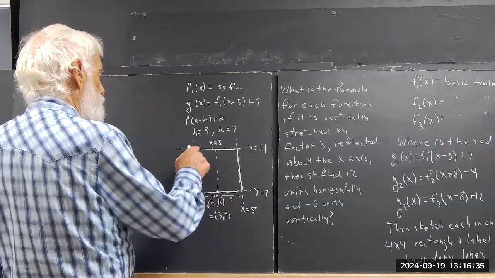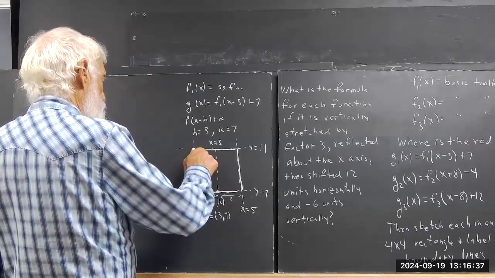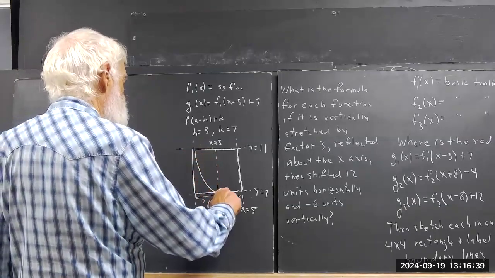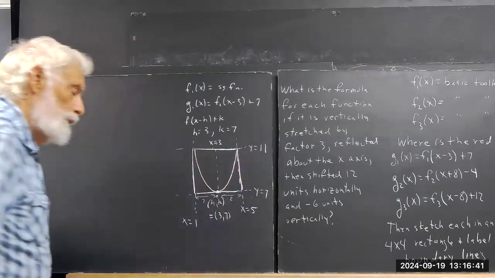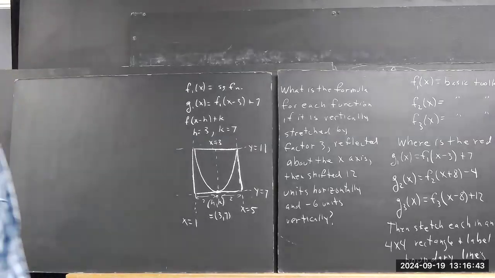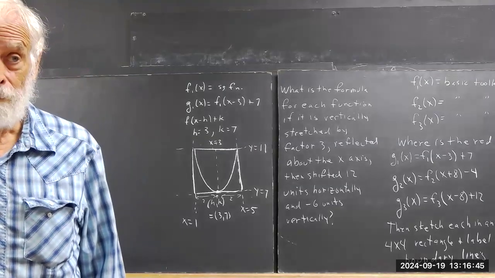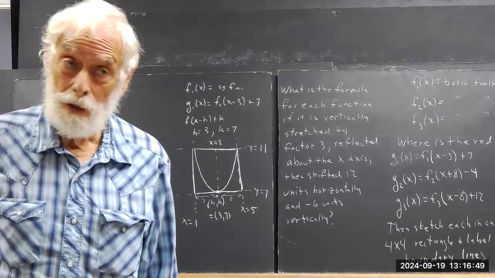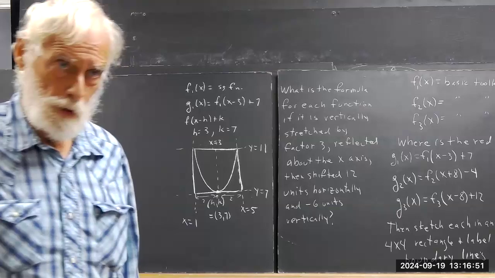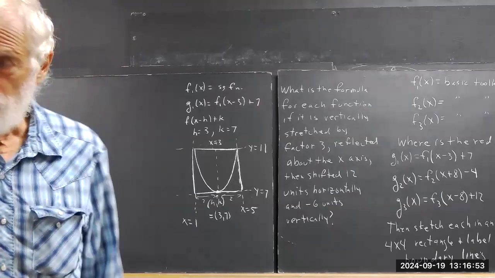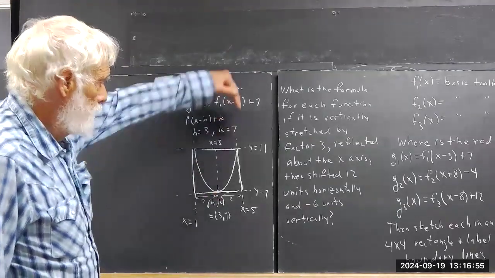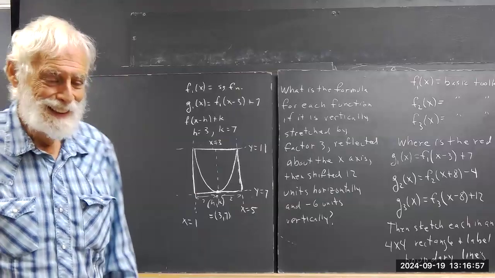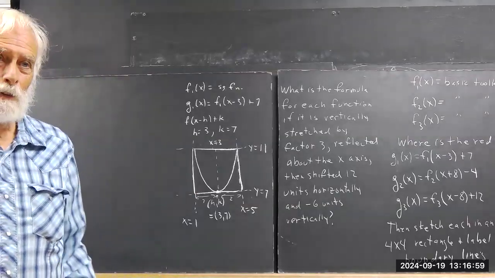Okay, so we construct the graph. Then the graph is going to look like this. You know what the shape is going to be. You've drawn it dozens of times, right? Well, I hope so. So you know how to shape that curve fairly well. I'm not going to grade the shaping of the curve. Of course, show me a V, I'm going to say, yeah, that was an absolute value function.